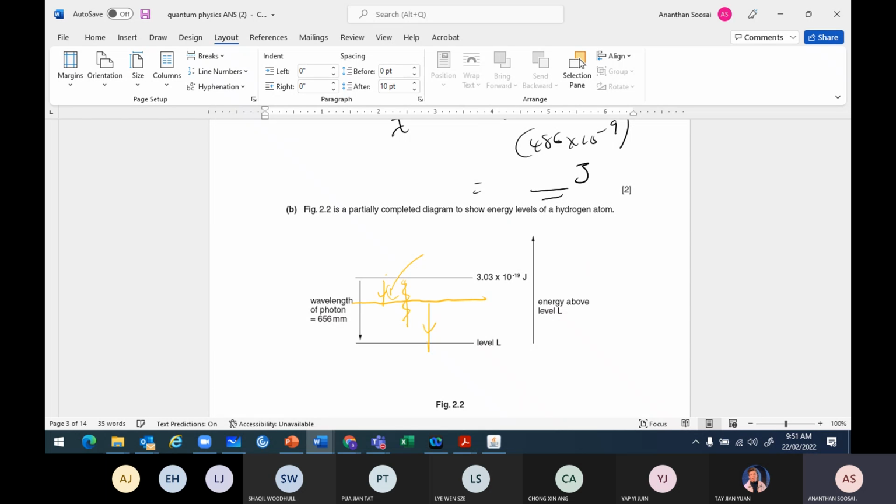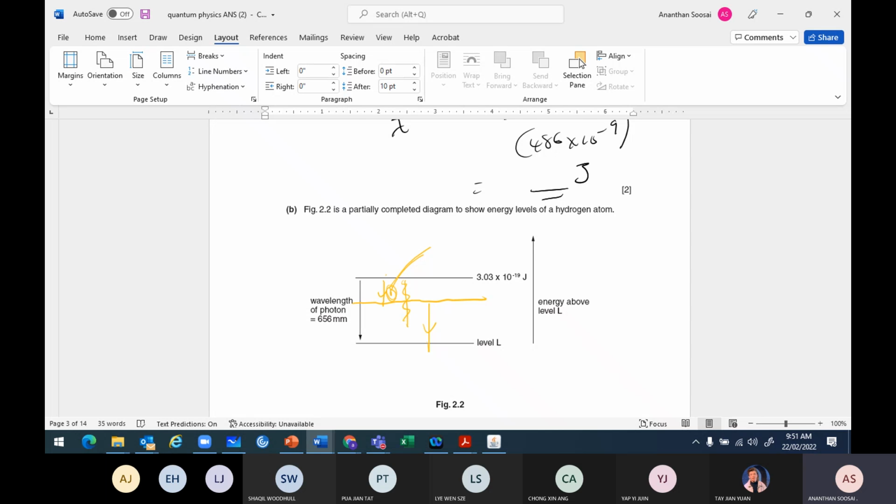The first one we draw, is it more than 656 or shorter than 656? More, because less energy means a bigger wavelength. How about this one?